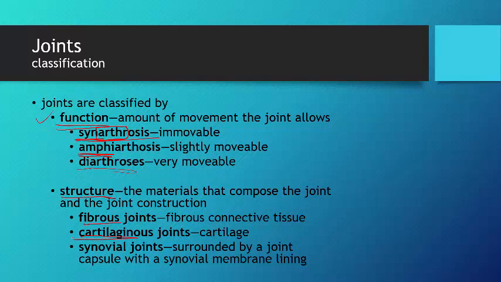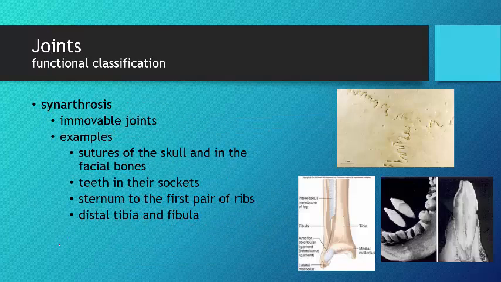Hopefully you recognize that those would be joints that are composed of cartilage. And last of all would be the synovial joints. These are the joints that have a joint capsule surrounding them and a synovial membrane lining to them, and then are filled with synovial fluid that the synovial membrane makes.